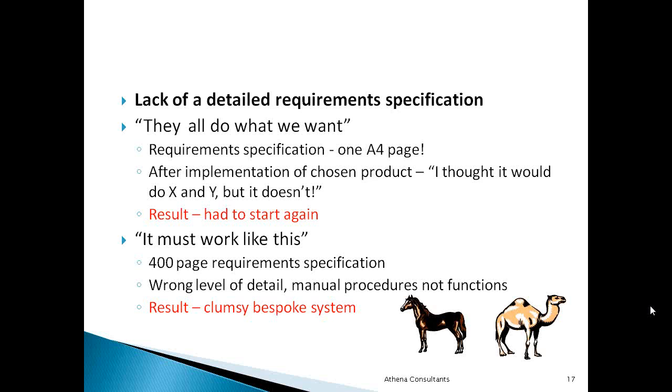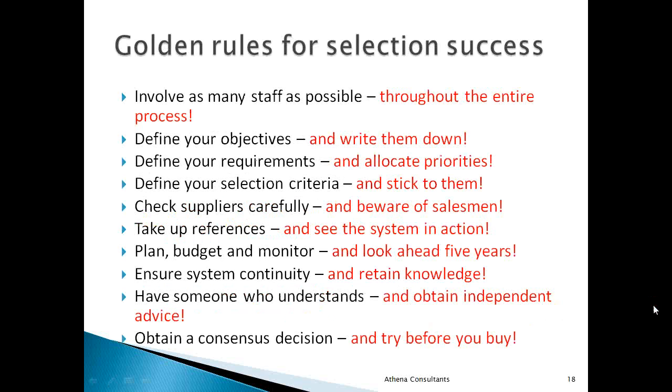Where if they'd done proper requirements, they would have a system. And I don't know if this is interesting to people, but those are some real-life case histories from work that I've done with people. And here is a sort of summary of golden rules for selection success.